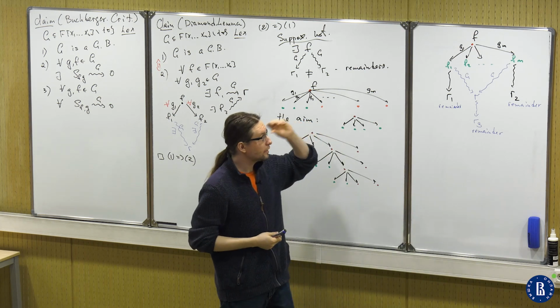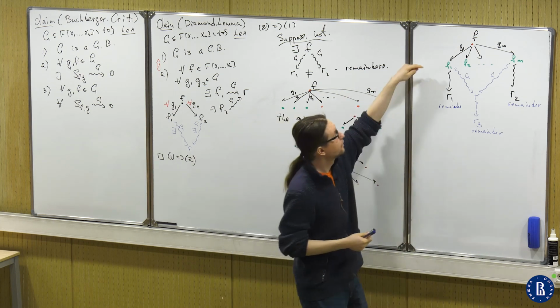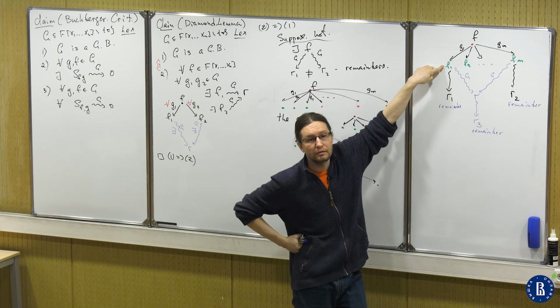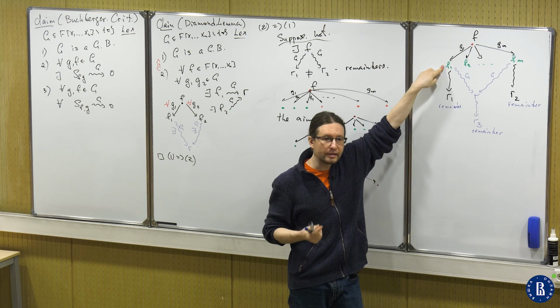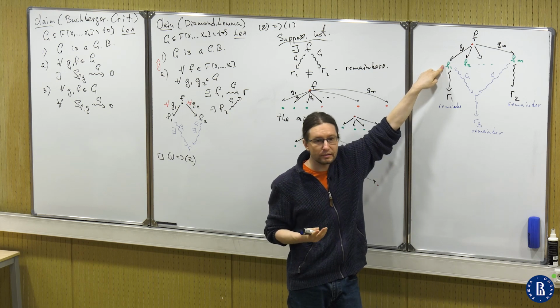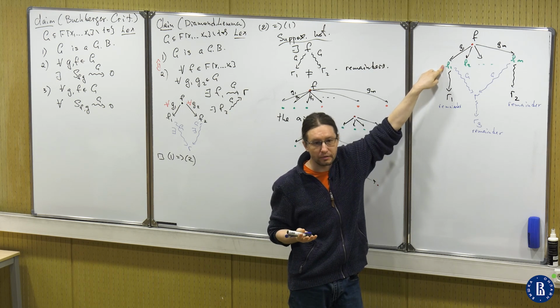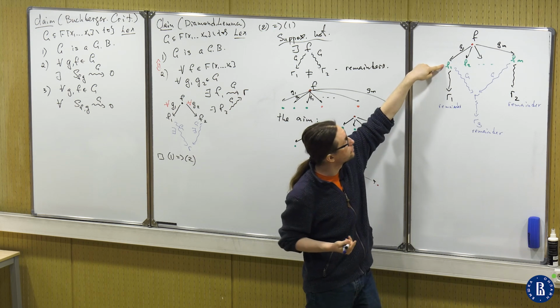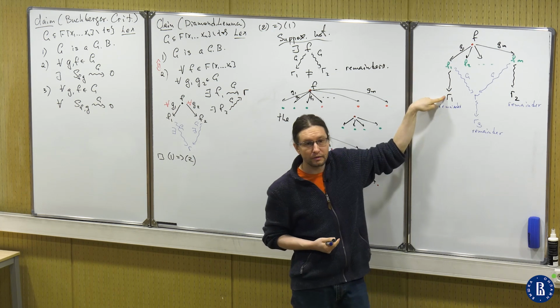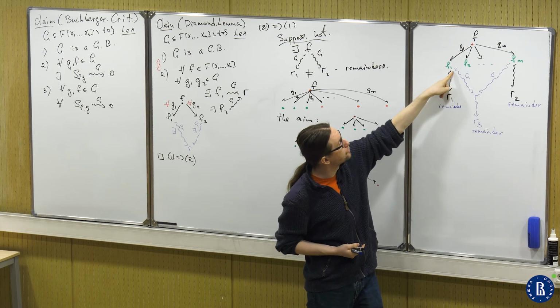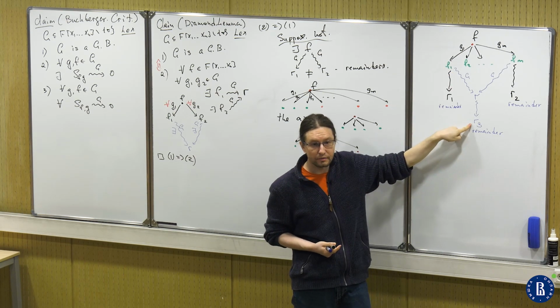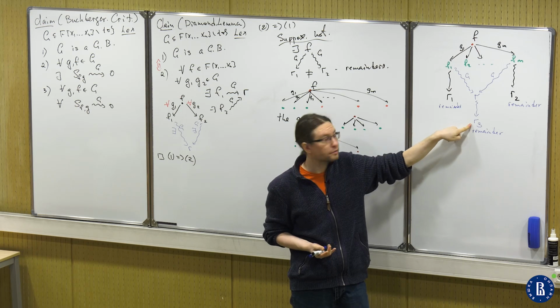Now, let's take a look at the picture. F1 is a green polynomial. What does it mean? It means that every remainder of F1 is exactly the same polynomial. But by definition, we can reduce F1 to R1. So R1 is a remainder of F1. And also, we can reduce F1 to R3. So R3 is also a remainder of F1.